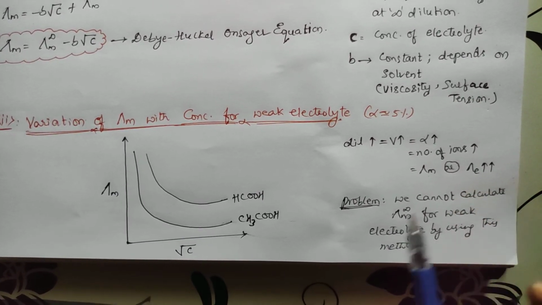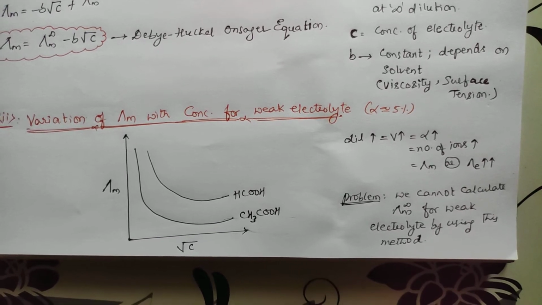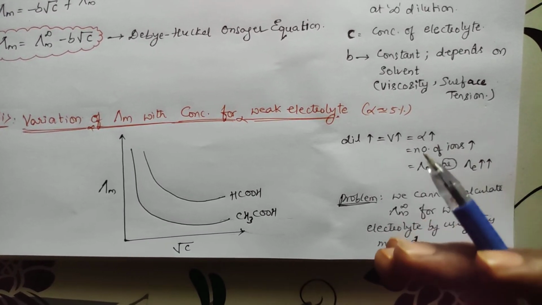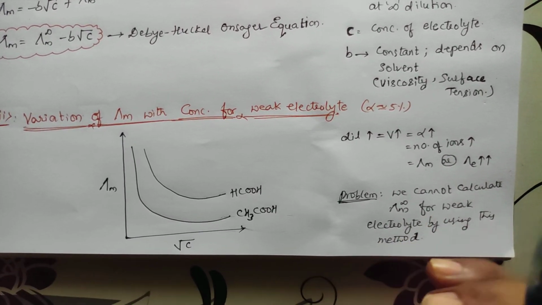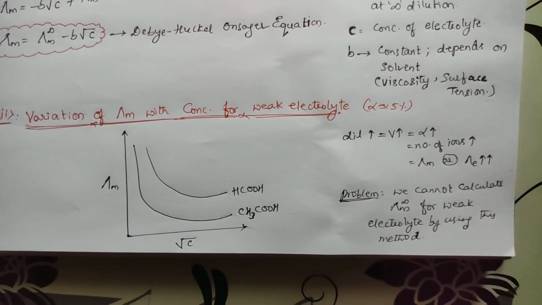Now if you want the maximum conductance of the weak electrolyte, there is one more law called Kohlrausch law of independent migration of ions. Based on that, we will be calculating the maximum conductance for the weak electrolyte. That is the indirect method we will be learning in the next class.